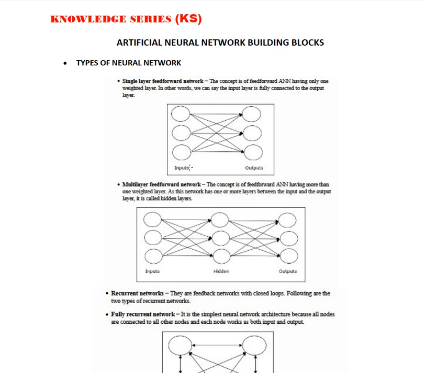In the first point we are seeing the single layer feed forward networks. Before that, we'll discuss feed forward networks in general. A feed forward network is a non-recurrent network.